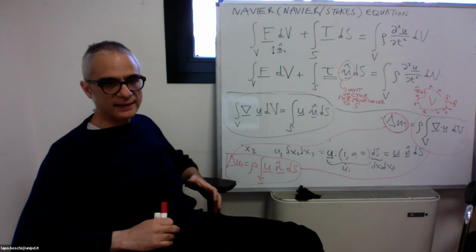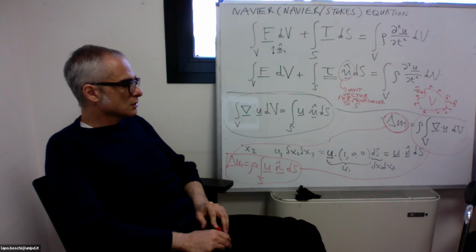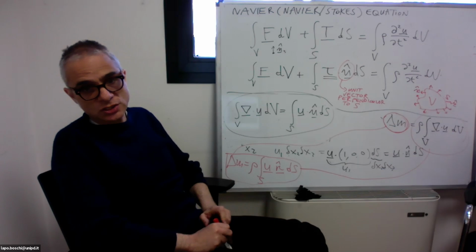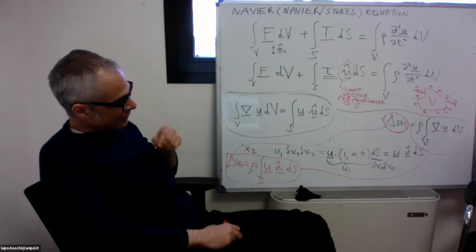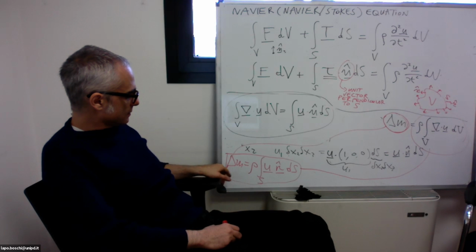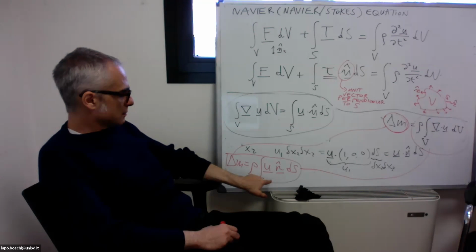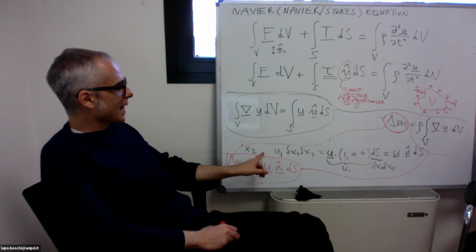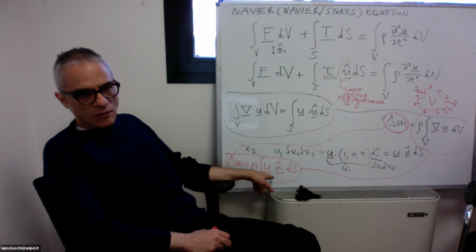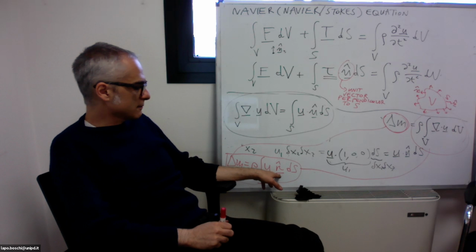Because we've seen together that the divergence of u is proportional to the relative change in mass. I hope to also have shown you that the change in mass can be written as an integral along the surface of the element of material of the displacement multiplied by the normal to that surface.